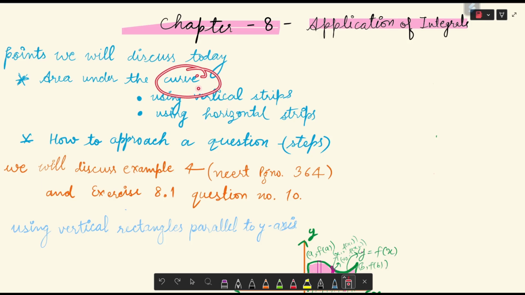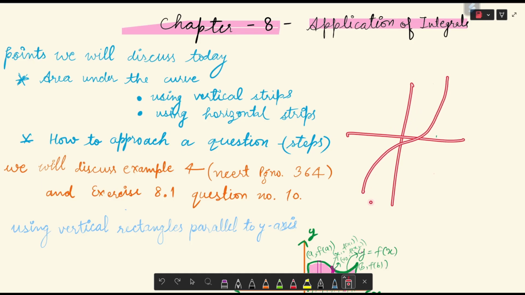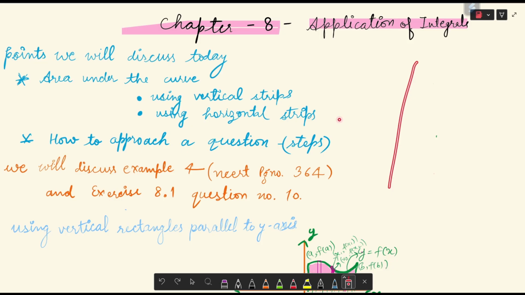What do curves mean? Curves are any function. Like you have read about the sine function like this. So this is a curve. Then you have studied about x cube, right? So this is a curve. Then you have studied about any function like this.